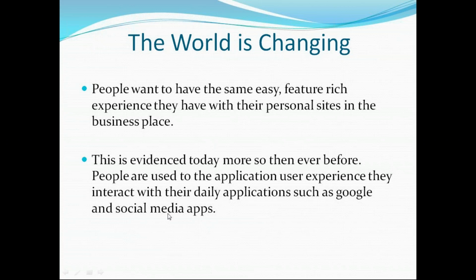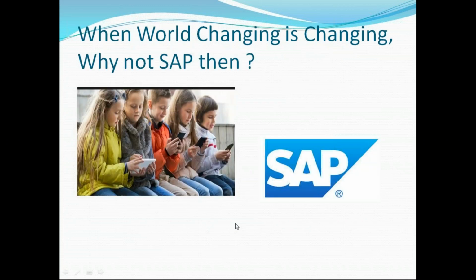Yes, guys, this is the evidence: users want to execute their business as simply as how they use daily applications such as Google and social media. So this is how the world is changing.